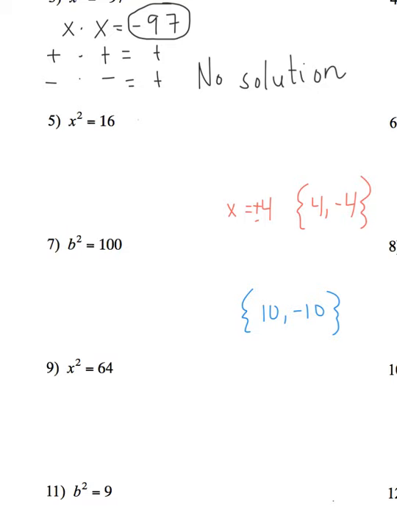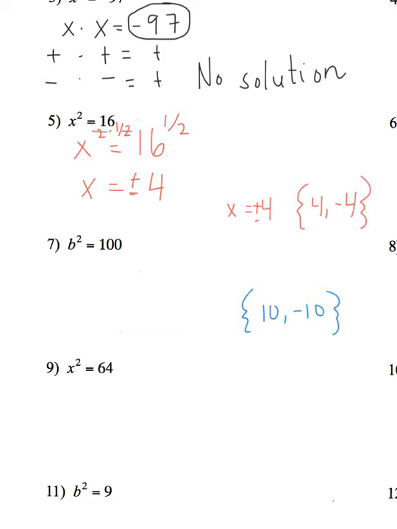And the last way we'll solve numbers 5 and 7 is we have x squared equals 16. We want to get rid of the exponent 2, so we can multiply the exponent 1/2 to both sides of the equation. Remember, this 2 here and this 2 here cancel out, so we're left with just x to the first, or just x, equals 16 to the exponent 1/2, which is positive 4 and negative 4.